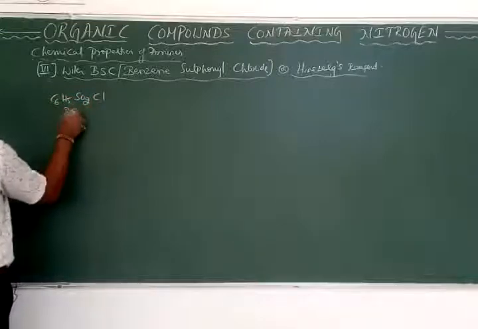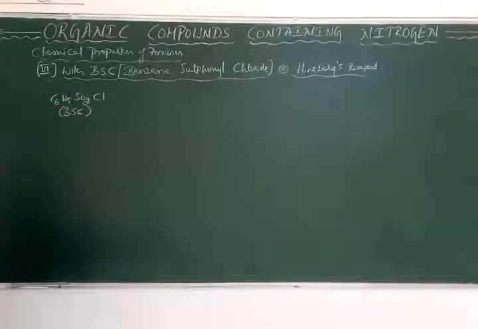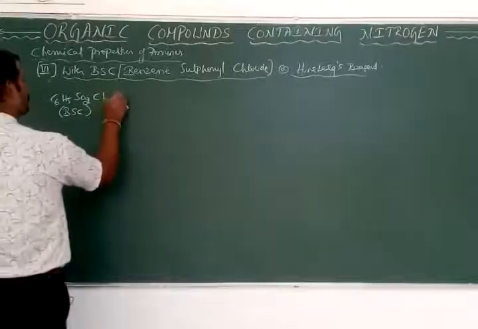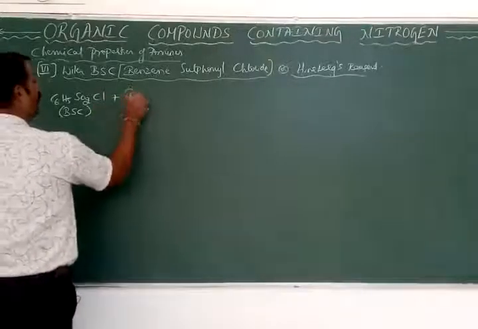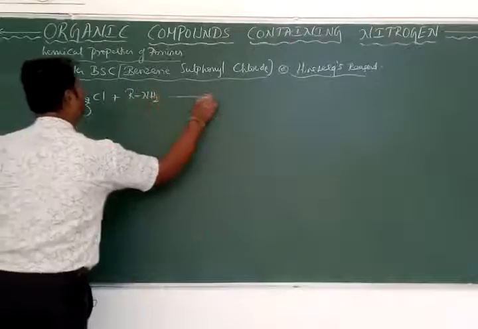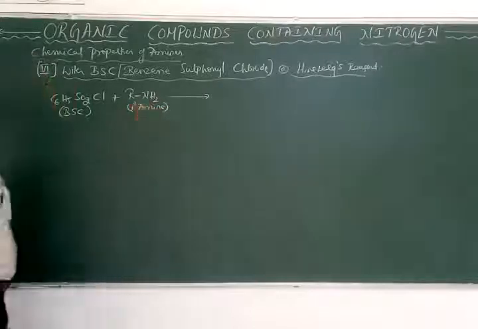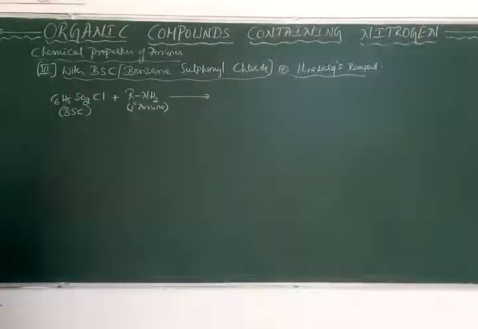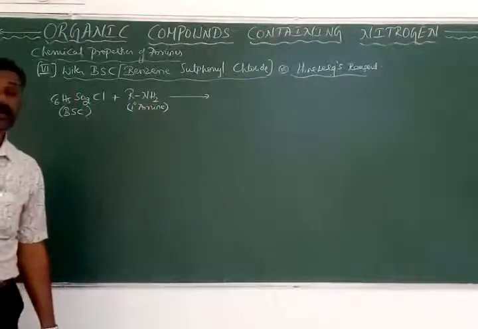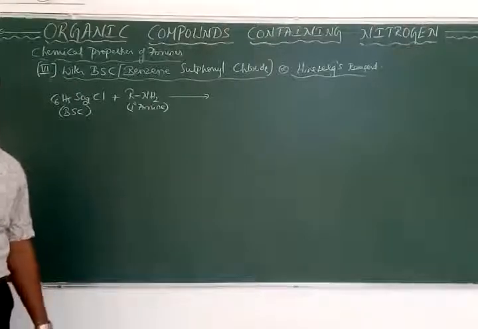C6H5SO2Cl. This is called BSC. What is that BSC? Benzene sulfonyl chloride. Benzene sulfonyl chloride plus RNH2 is made to react. What is RNH2? Primary amine. It is very similar to what we have discussed in case of either the acetylation or the benzylation.